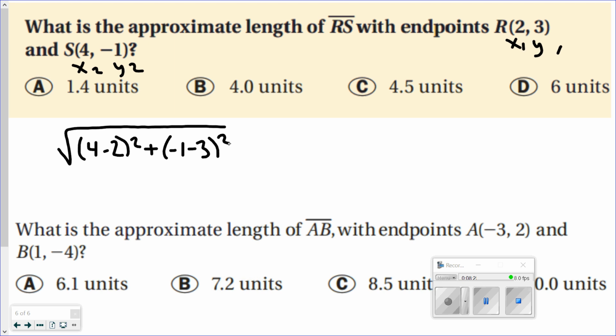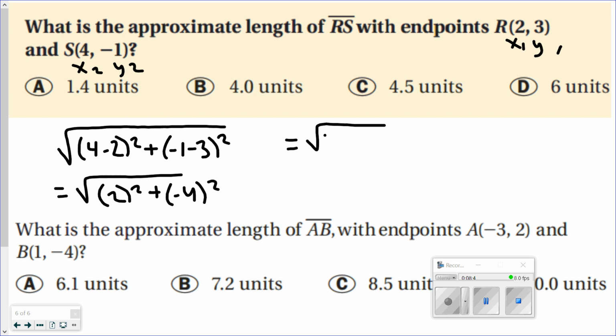Okay, let's simplify our parentheses. So I end up getting 2 squared plus negative 4 squared. This then simplifies to 4 plus 16. 4 plus 16 is the square root of 20.